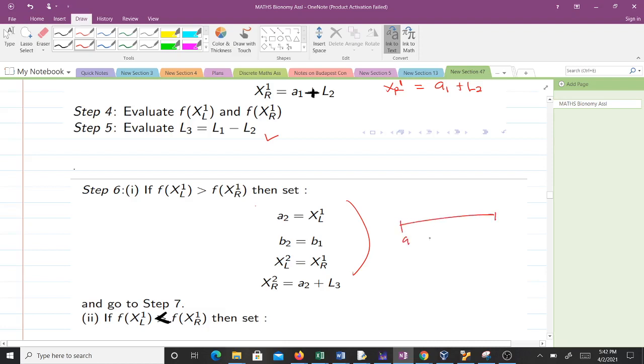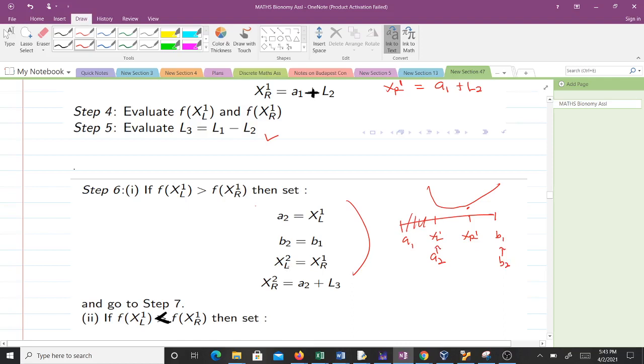We have a, we have b, and we have xl1, xr1, right? So we are trying to minimize. So if f of xl1 is greater than f of xr1, that means that the minimum is somewhere here, and we discard this region. So our new a2 will be this, and our b2 will be b1. So that's what you can see here.